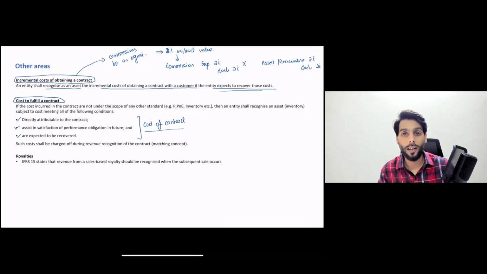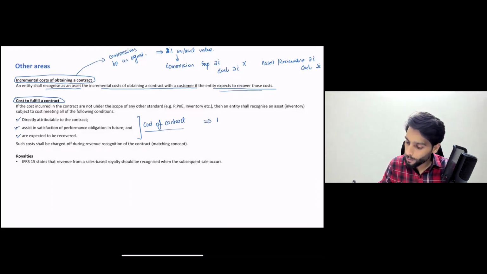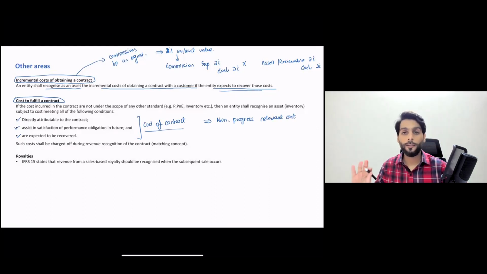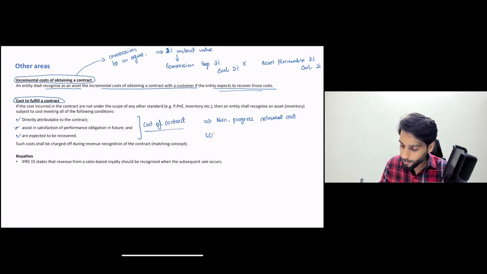What is IFRS 15 trying to say? You see, there are some types of cost which are known as non-progress relevant cost. Now just try to understand what I'm saying. If you follow IFRS 15 and you are recognizing revenue over time, you calculate the stage of completion.